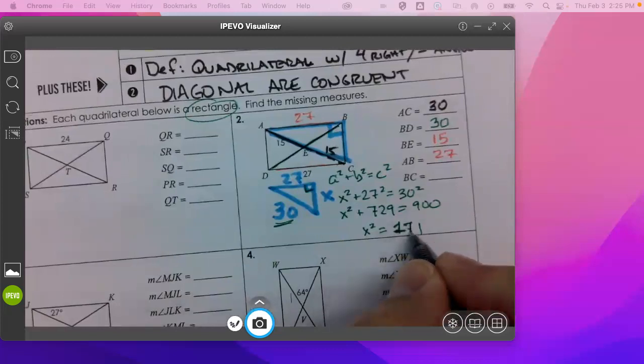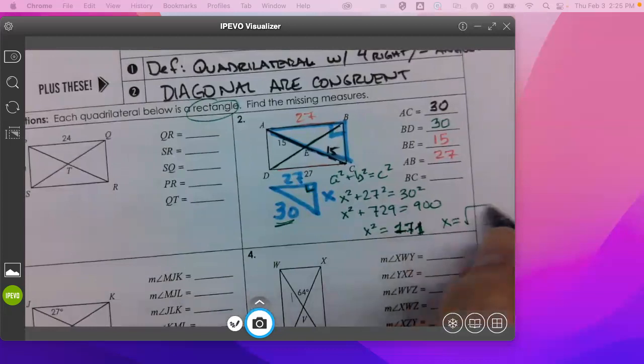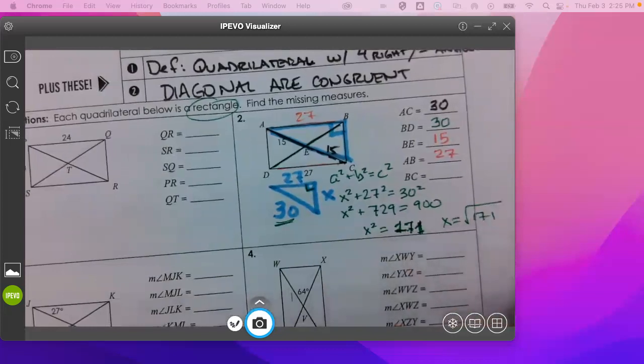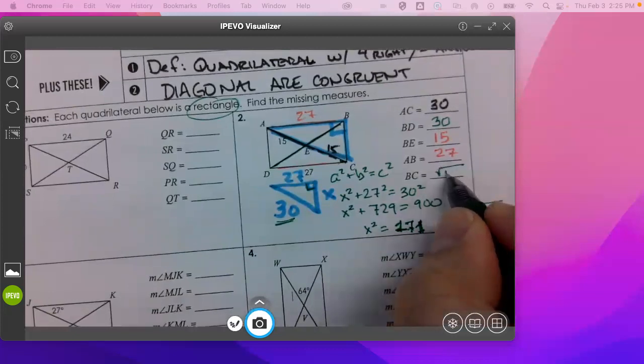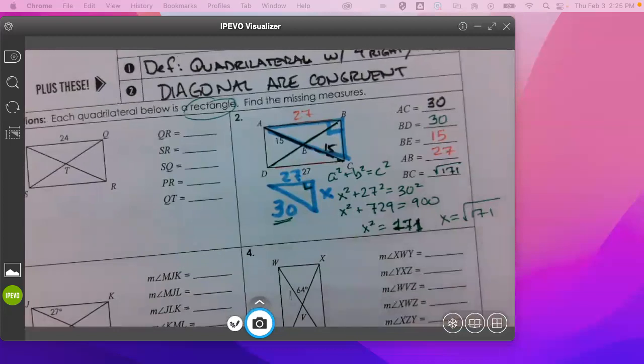It's one. 171, which means x is equal to square root of 171. And although we could probably divide some things out of that, like 9 comes out of that, I'm okay with just leaving it as the square root of 171 for now.